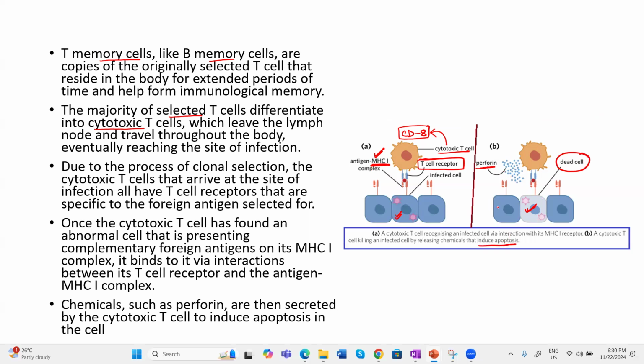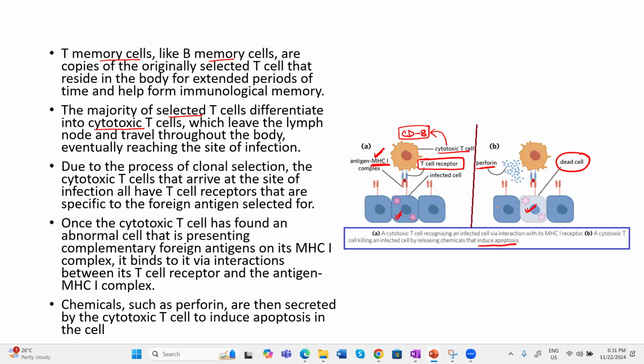So I hope the basic concept between these two types of immunity is clear to you. In both cases, T helper cell has to be activated, and it is activated by the antigen presenting cell by displaying the component on MHC2 molecule, which binds with the T helper receptor along with CD4.